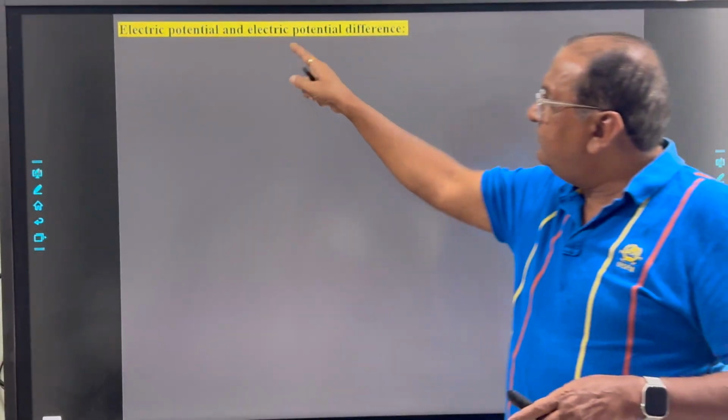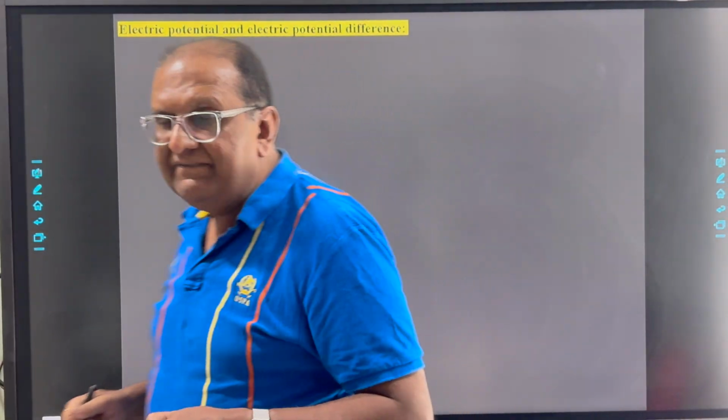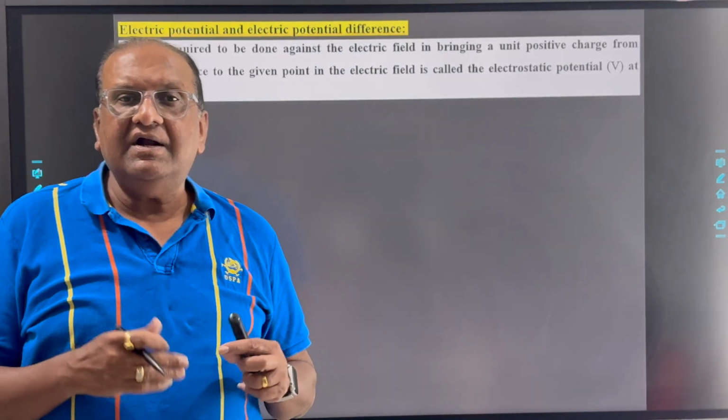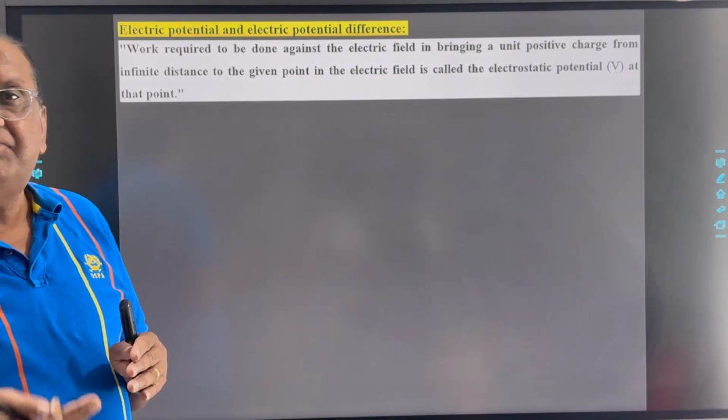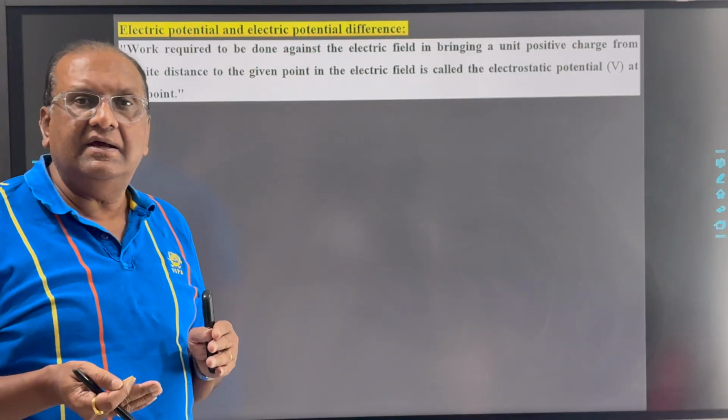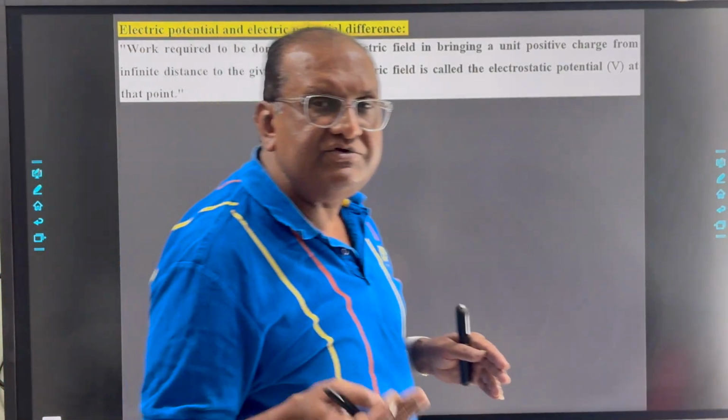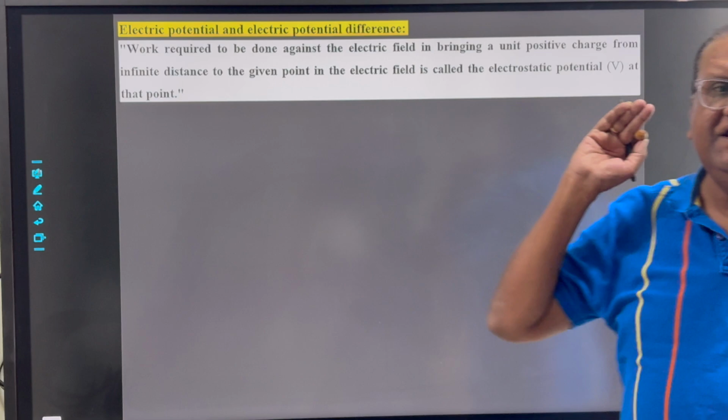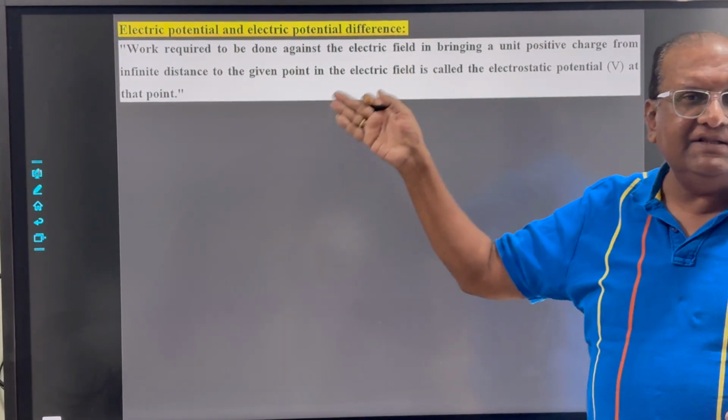So here electric potential is defined as the work done against the field in bringing the unit positive charge from infinity to a given point in the field.